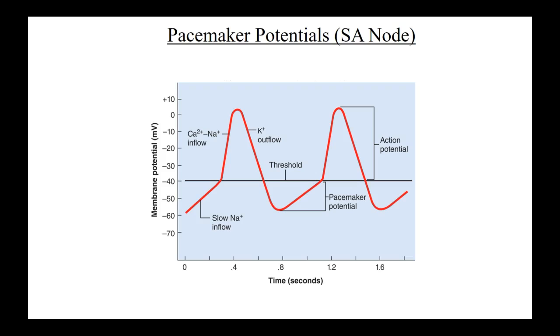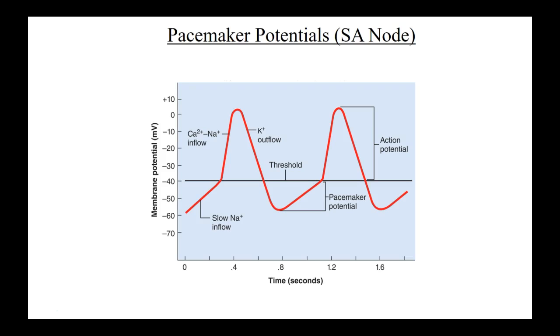We get a slow inflow of sodium, so that membrane potential constantly rises until it hits threshold. Threshold is a voltage at which ion channels open to cause an action potential. And rather than just sodium ions flowing in for depolarization, we actually get a huge inflow of calcium for the depolarization event in the myocardium.